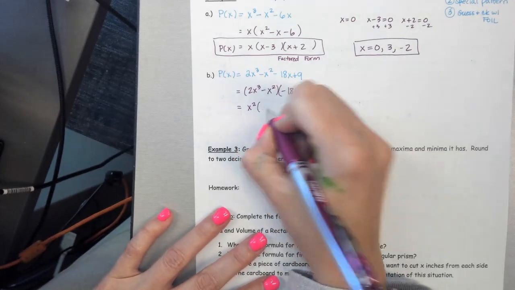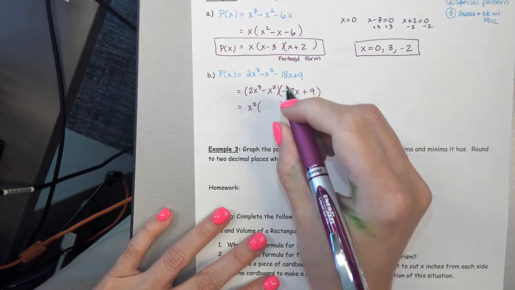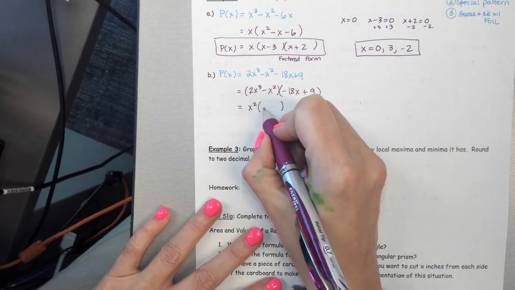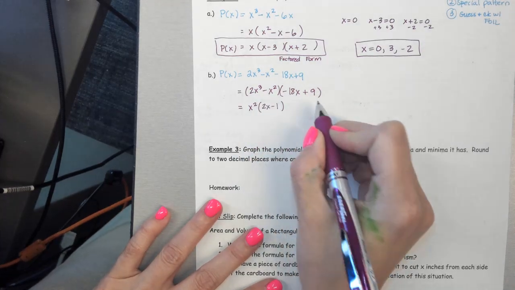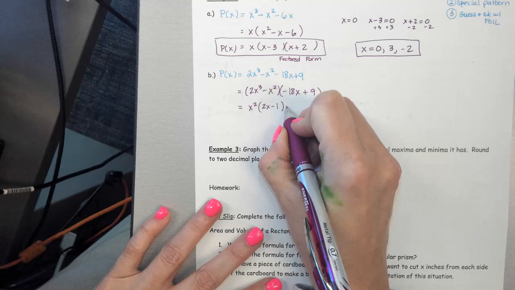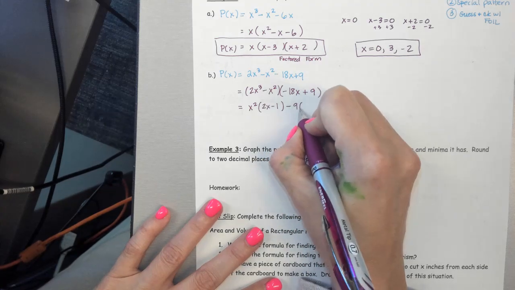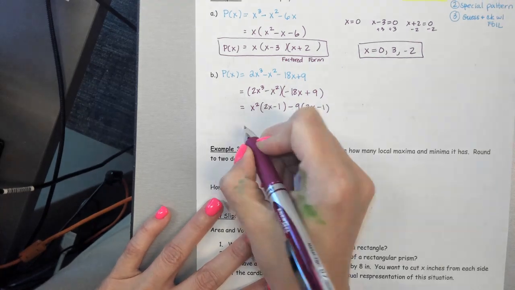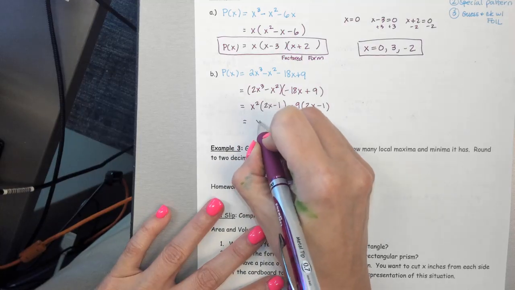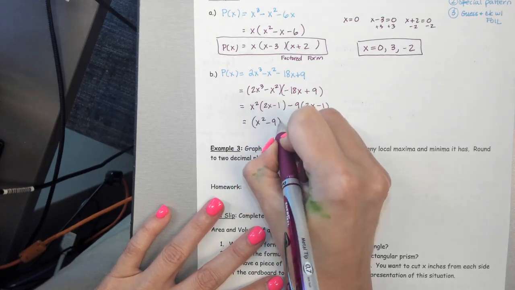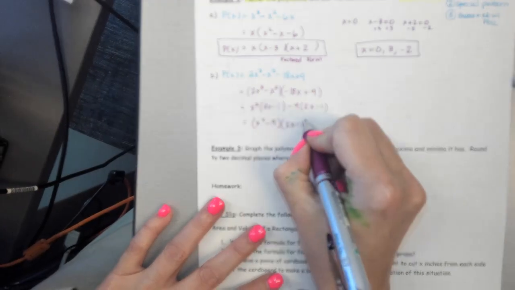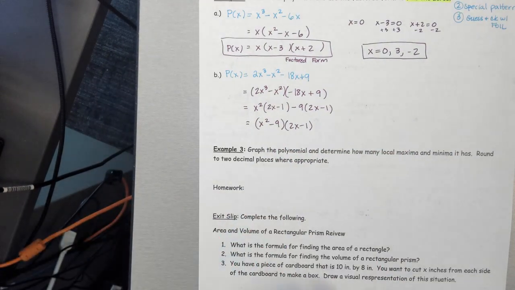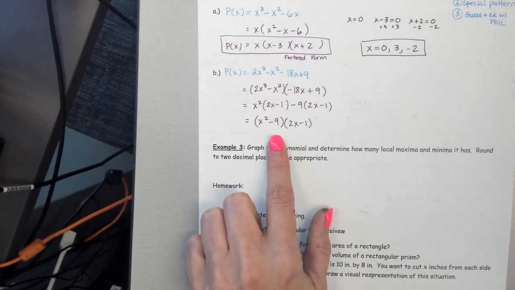X squared, and then sorry, what'd you say you got inside? Good. Okay, and then what'd you take out here? Good. All right, so then when you're writing your factors, you have x squared minus 9 as the first from what you had on the outside, and then 2x minus 1. Okay, and then Claire, did you guys go any further than this?